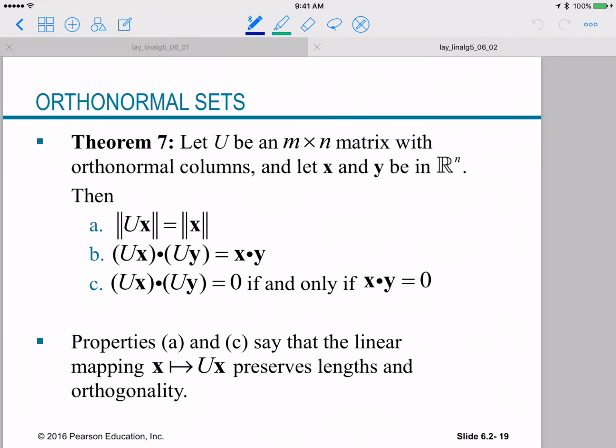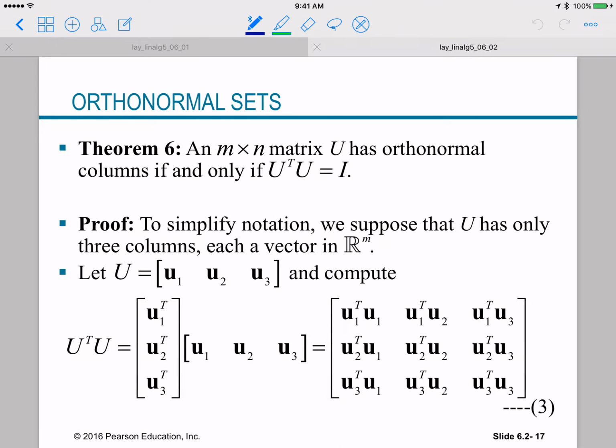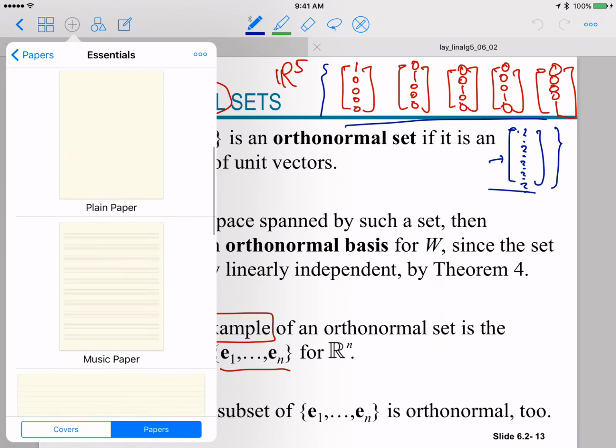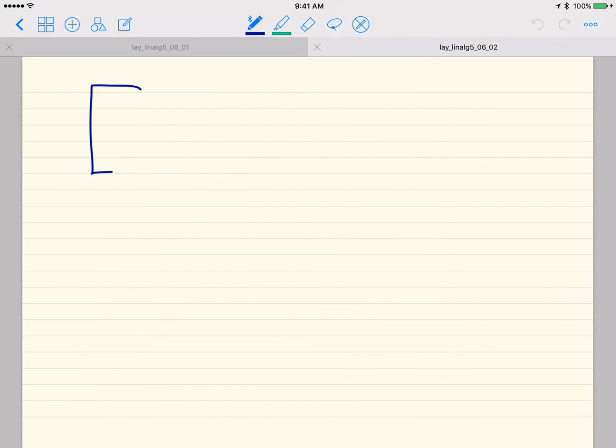We have 3 more slides that are quite interesting. Now we think about an orthonormal vector set, and if we make those vectors into one matrix, this matrix can be tall and skinny.